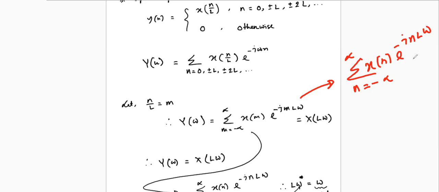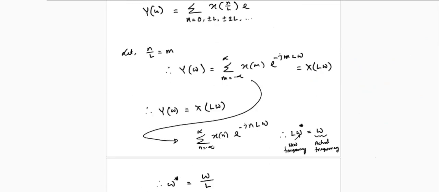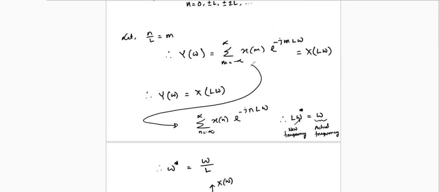And here you can find that, compared with the actual term x[n] e to the power minus j omega n, you are adding an extra L, which is multiplied with n. Let me show it. I have shown it here.